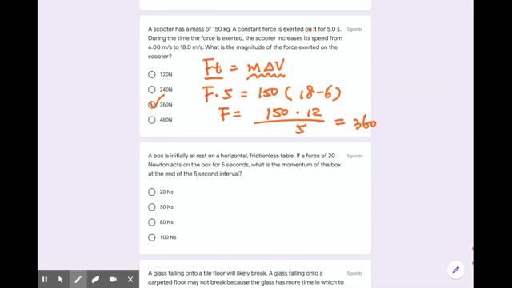So, the momentum at the end of 5 seconds, right? Going from rest, 0 seconds to 5 seconds, is the change in impulse.